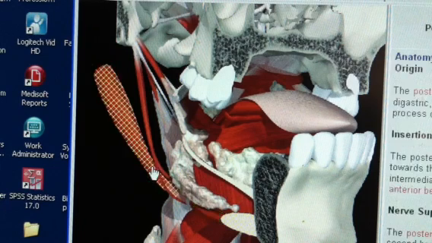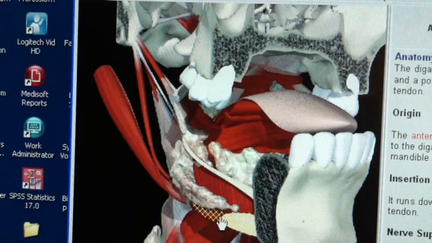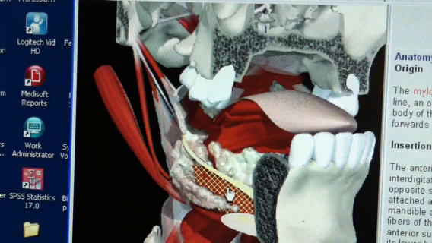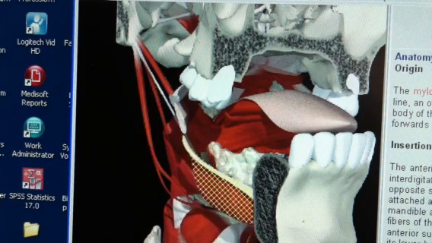Both of these muscles meet, all right, in this sheath or sleeve and insert into the hyoid bone.